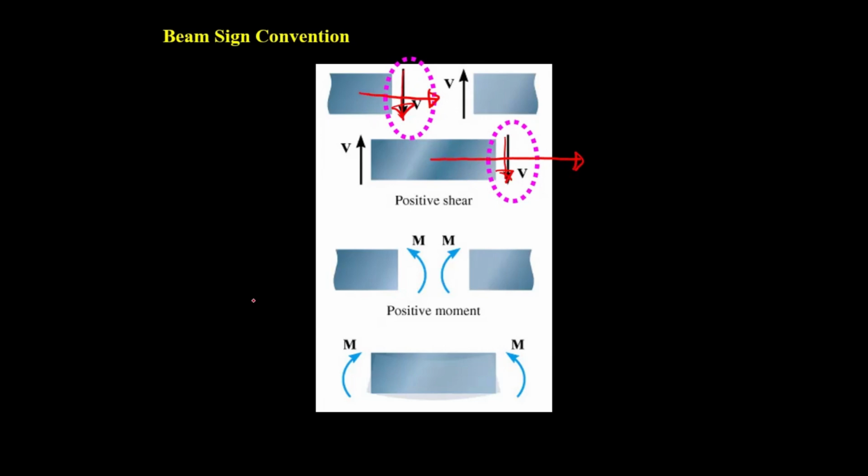Then the positive bending moment bends the beam in a shape like this, like when you bend a ruler. This is for the positive moment, and this is for the negative moment.